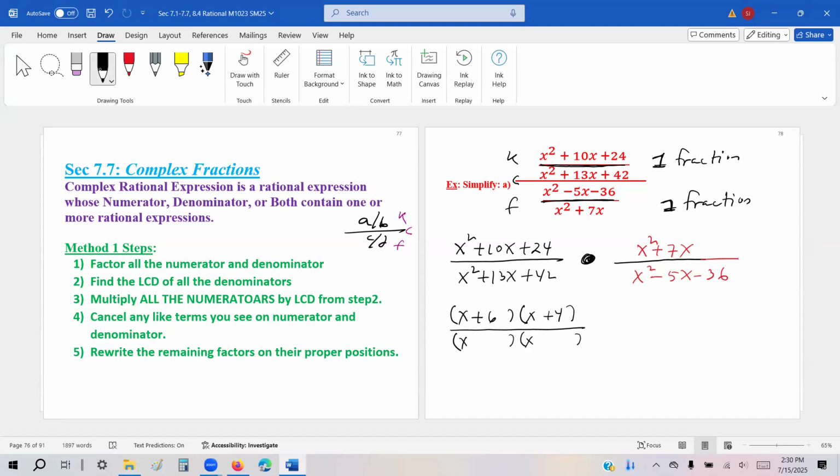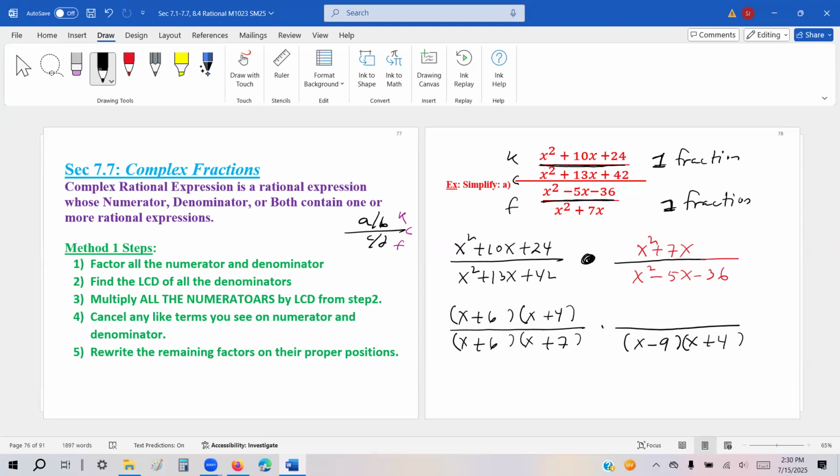Who wants to do the bottom left? That's plus 6 plus 7. Bottom right. Minus 9 plus 4.